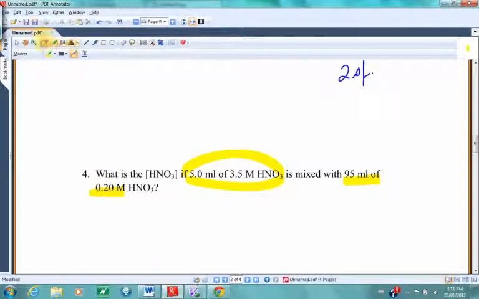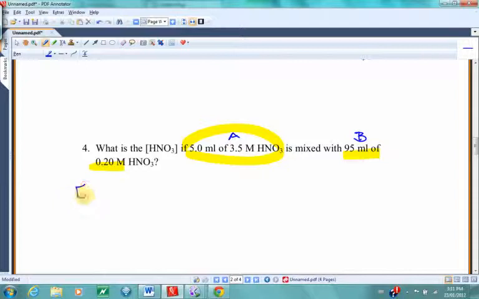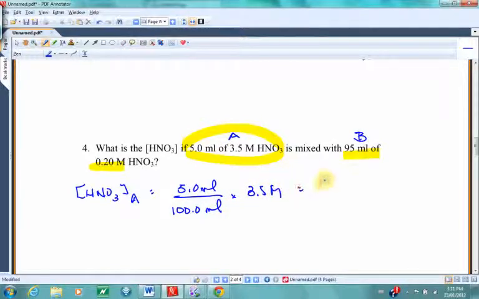So let's call this A, just because it's first, and this one B. The concentration of nitric acid A is equal to 5 milliliters over our total, which is 100 milliliters, times 3.5 molar, which equals, now I'm getting a bit carried away with the significant figures in here, 0.175 molar.